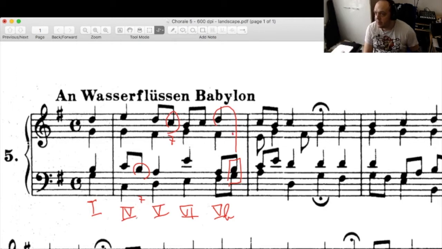That F sharp goes from being the 3rd of chord 5 to the 7th of chord 1. So in a way it's prepared. It is now a dissonance, and by the time it resolves a step down, the chord has changed.